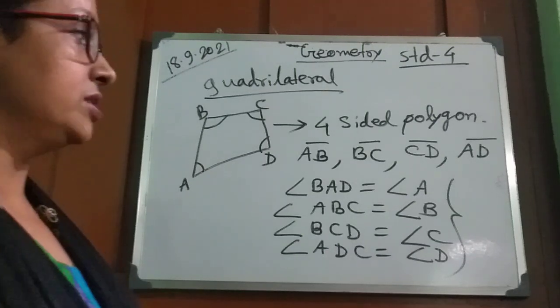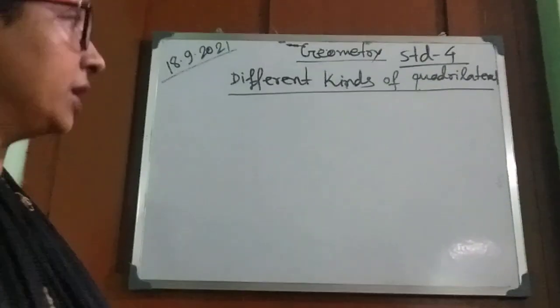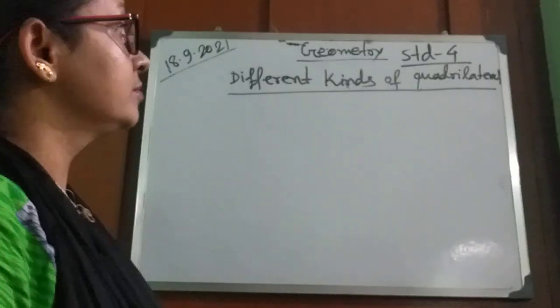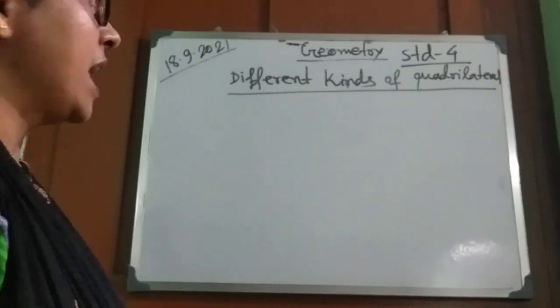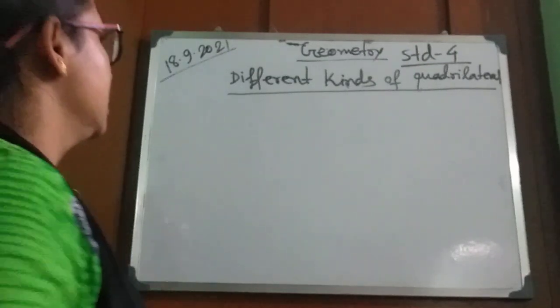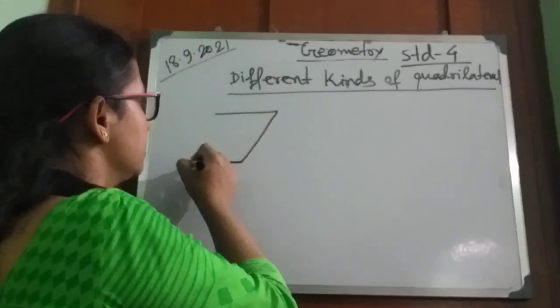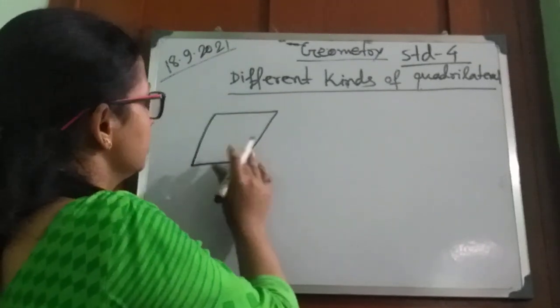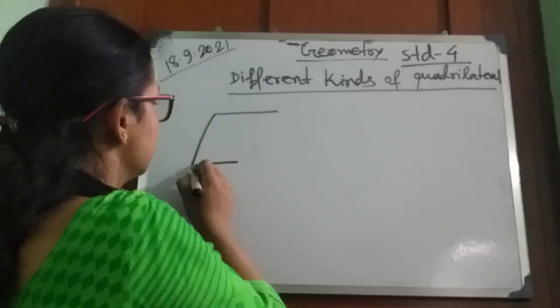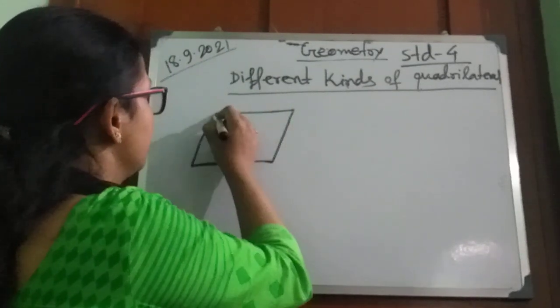Now I will talk about different types of quadrilateral. Different kinds of quadrilateral means, according to the shape of the figure, there are different kinds of quadrilateral, like in your book. This is one parallelogram.